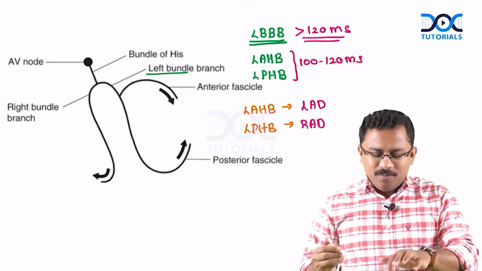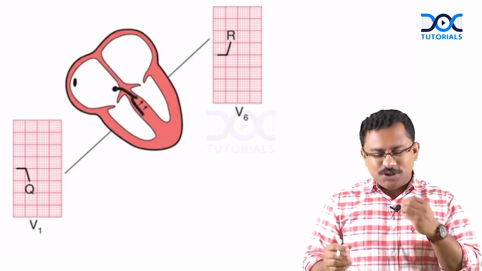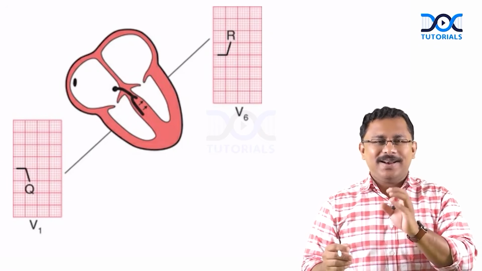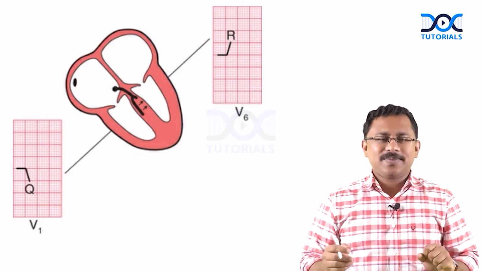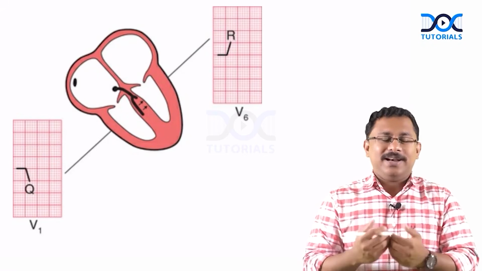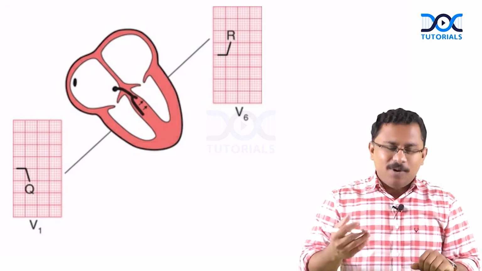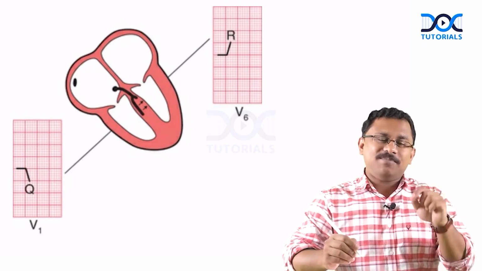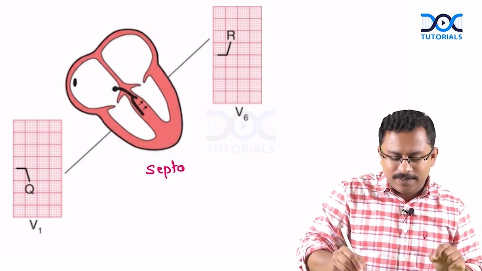Now let's learn more about left bundle branch block. Remember, when you take into account the steps of ventricular depolarization, the first step is septal depolarization. Normally it comes from the left bundle branch and travels in a left to right direction. But here there is a block in the left bundle branch, so septal depolarization will be via the right bundle branch.